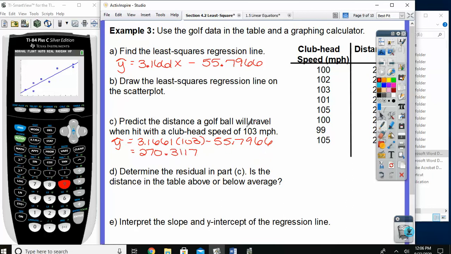My y is distance that was measured in yards. So it's traveling 270.3 yards.